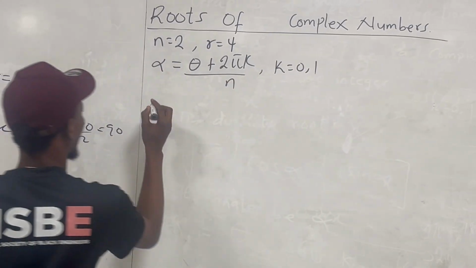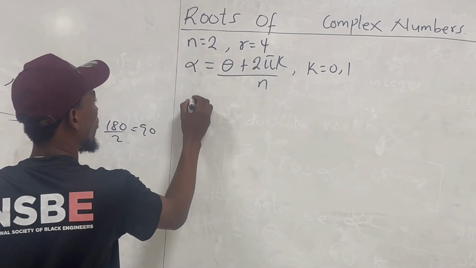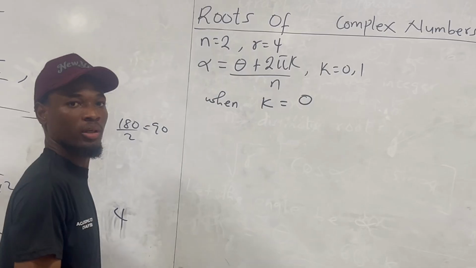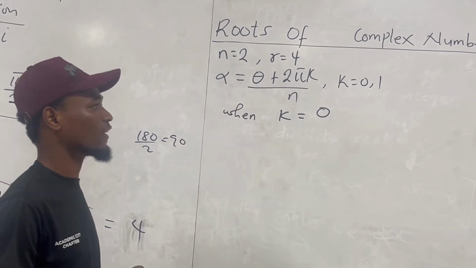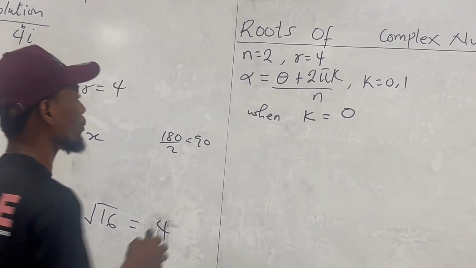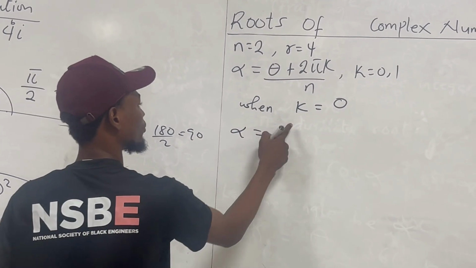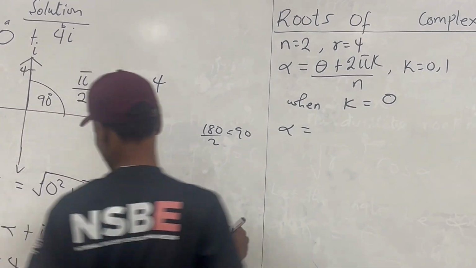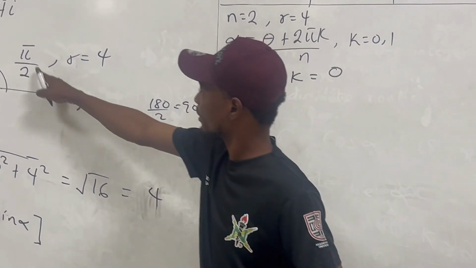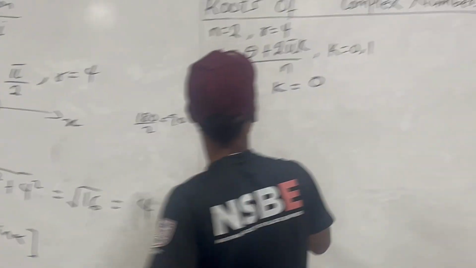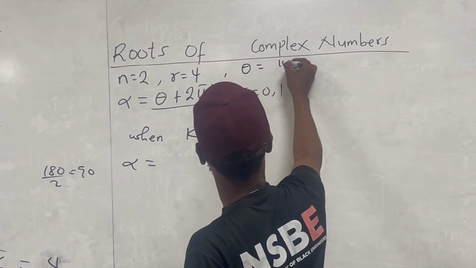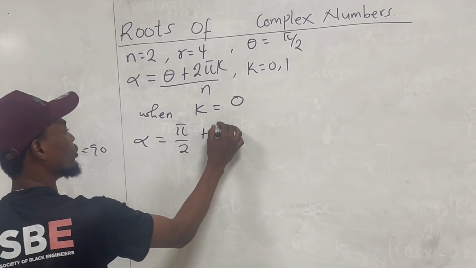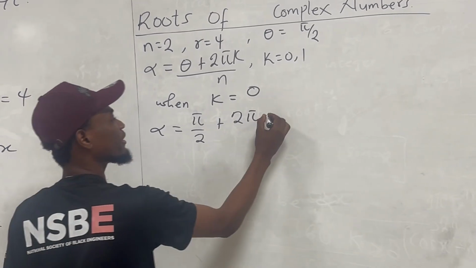So by substitution, when the value of k is equal to 0, what is the angle over here? This is so simple. We have alpha is equal to theta, the angle theta, which is pi on 2, then plus 2 pi times k.